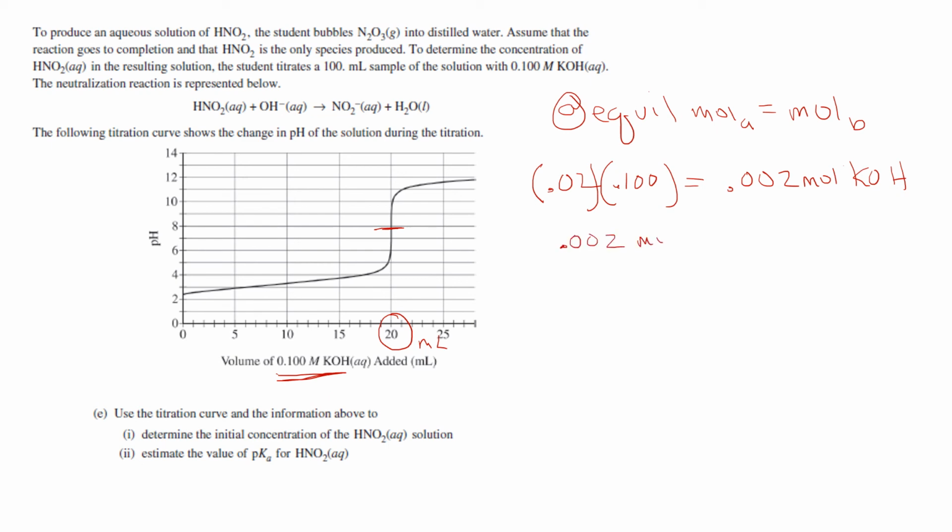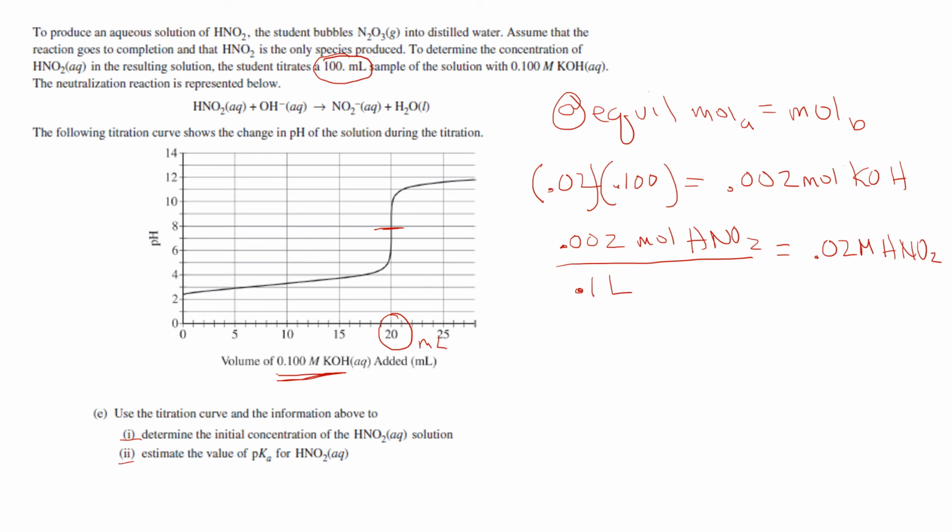It's going to be the same. And since I'm doing molarity, I've got to divide it by the amount put in. And they told me that I used 100 milliliters of the sample. So 100 milliliters is going to be 0.1 liters. So the concentration of my nitrous acid is going to be 0.02 molar. Okay, so that answers that part of the question.